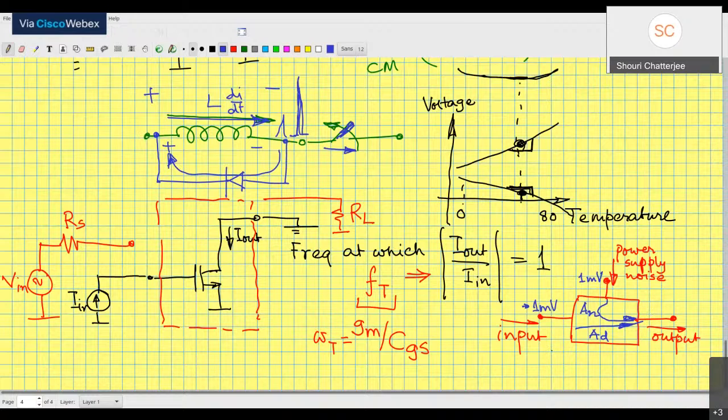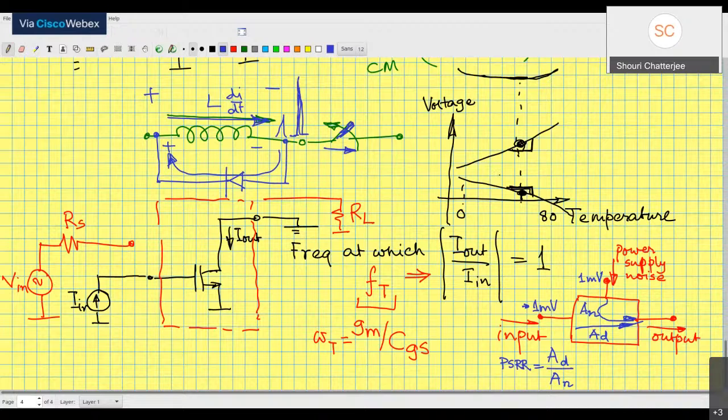So what I look at is the factor AD by AN. And this is defined as power supply rejection ratio. This is the definition of power supply rejection ratio in any circuit, op amp, not op amp, anything. All right. So it is how much is AD more than AN.